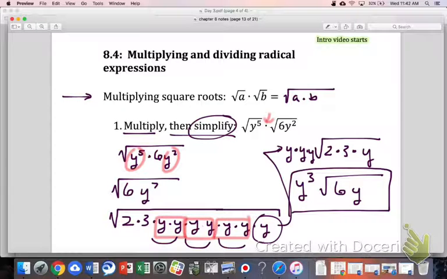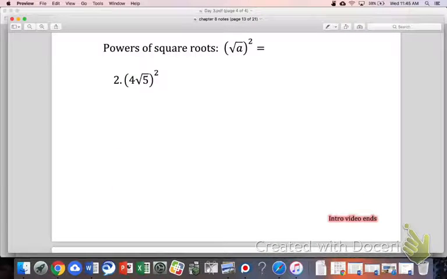Let's take a look at our second example. In our second example, we're going to look at powers of square roots. Perhaps you remember from our first section in Unit 8 how the square root and squared essentially cancel each other out. So the square root of a squared ends up just being a. Let's think about how that works.